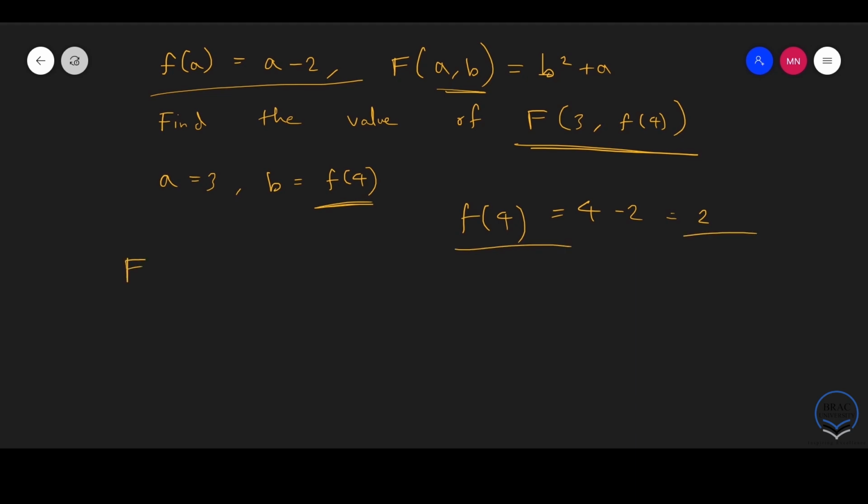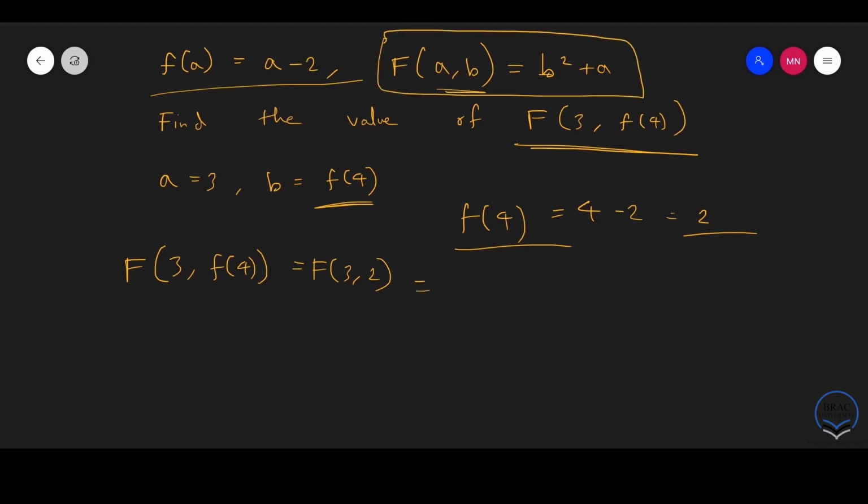So we have f(3, f(4)), which is equal to f(3, 2). We substitute these values into this function, and we get 2 squared plus 3. So we have 4 plus 3, we just have 7. So f(3, f(4)) is just equal to 7.